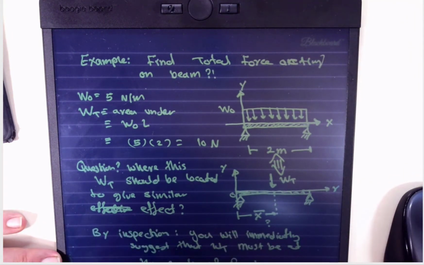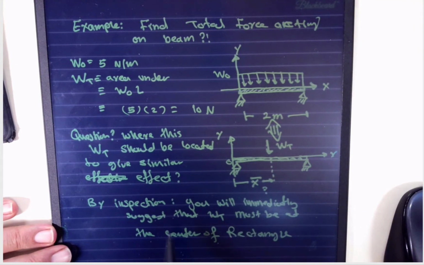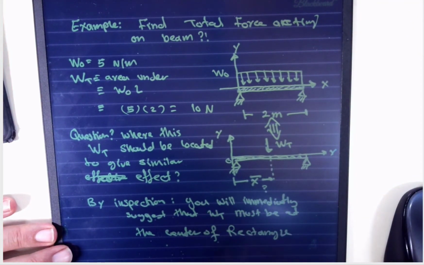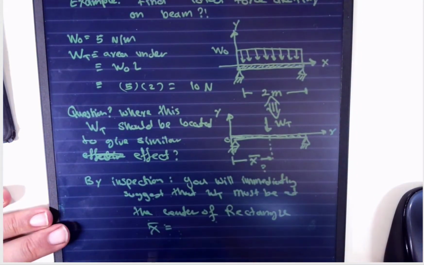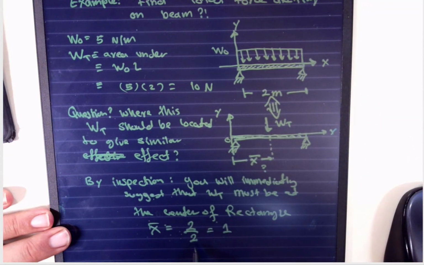Well, by inspection, for now, you will conclude that the location of this WT must be at the center of the rectangle. So therefore, x bar is equal, and this is by intuition and by logic and common sense, 2 over 2, which is 1, where 2 is the length of the rectangle and the center of that length is half of it.